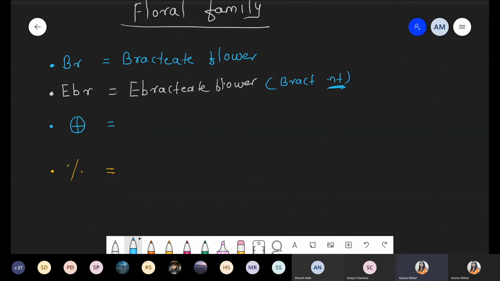Actinomorphic and zygomorphic. Yes. So this symbol represents the actinomorphic. It means that you can cut at any plane, it is divided into equal parts. Actinomorphic. And this percentage means you have to cut at a specific angle. Then it is divided into two sections, called the zygomorphic. Okay, actinomorphic and the zygomorphic.